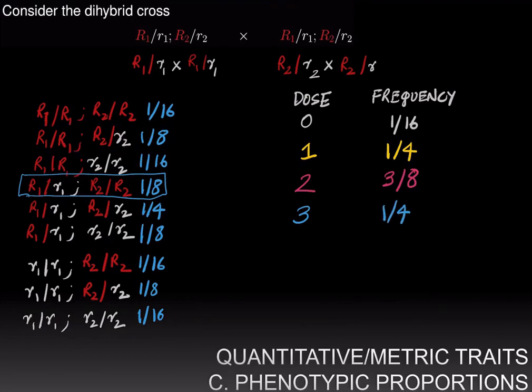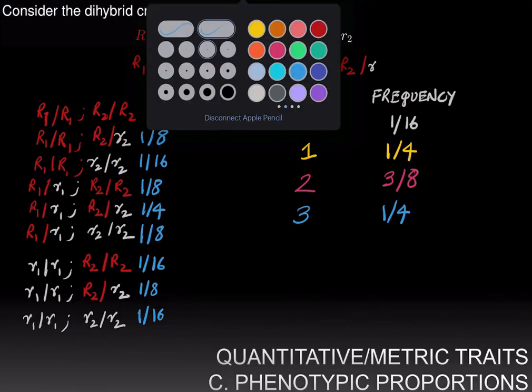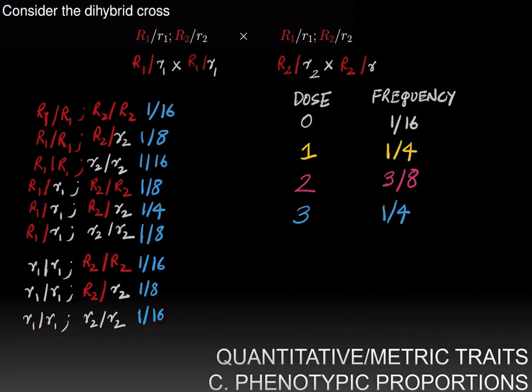And that leaves us with just one dose, which is dose 4, or 4 pigment making alleles. There's only one genotype that has all the big R's, and its frequency is 1/16.